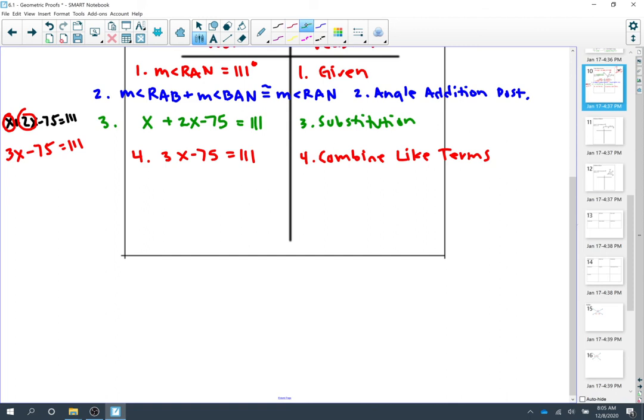Next thing we're going to do, I'm going to add 75. So we're going to take 111 plus 75, which is 186. So step 5, 3x equals 186. And why are we allowed to do that? That was addition property of equality because we added.